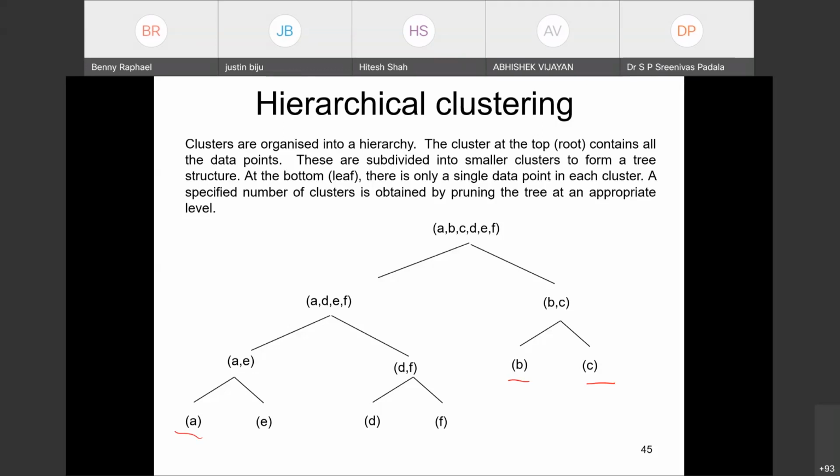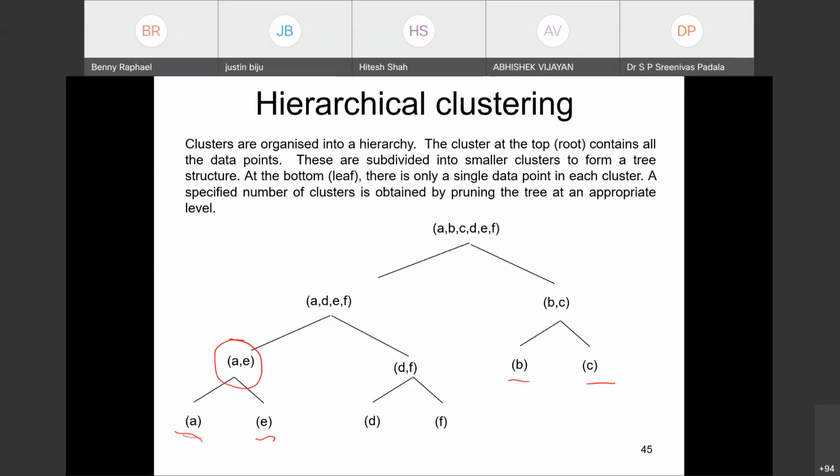To start with, everything is in a separate cluster. Now we compute the distance between clusters. Look at which points are close by, which are most similar. For example, you might find that A and E have minimum distance. So you merge A and E together into one cluster. Now we have one cluster which consists of A and E, and then all the remaining clusters.